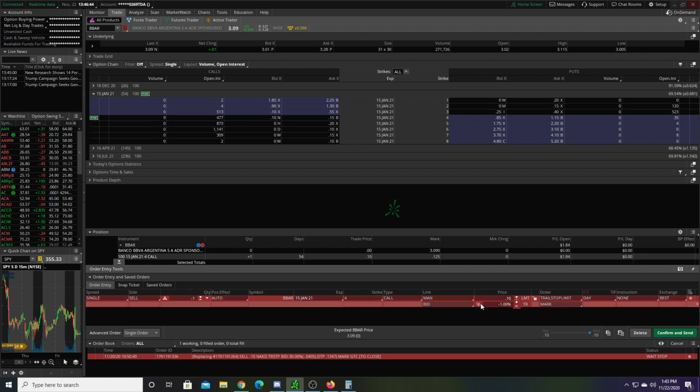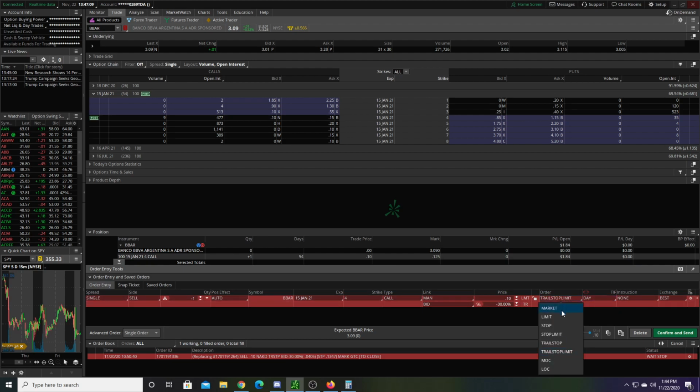So I'm clicking this right here, and I'm going down to 30%. So you'll do that. The thing is, with the limit, you are unable to select good till canceled. And that's crucial if you step away from a trade, because the next day you'll have to set in that same trade.